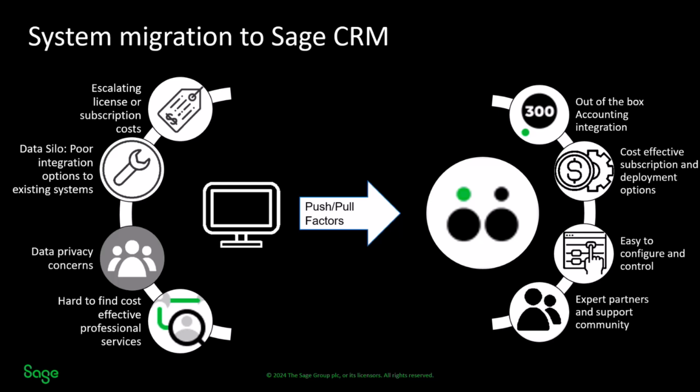So, for example, customers may have a need, within the context of an integration with Sage accounting products, to integrate with those back office systems. So they're stuck with data silos. There's no integration between the systems, or they might find themselves stuck in an escalating cost base where the license or subscription costs are no longer demonstrating a return on investment.